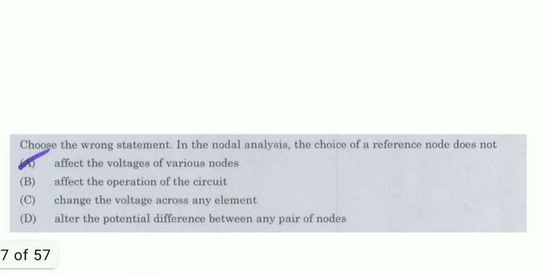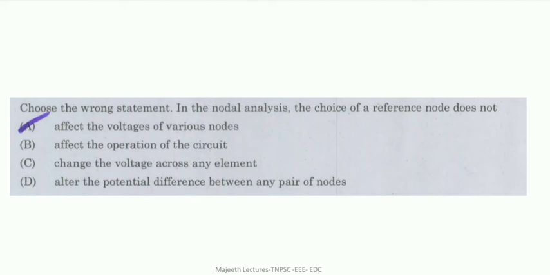Next one, choose the wrong statement. In nodal analysis, the choice of a reference node does not matter. Right? So the reference node should have no effect on the circuit. This should be the correct one. It should not change the voltage across any element, and it should not alter the potential difference across any pair of nodes.